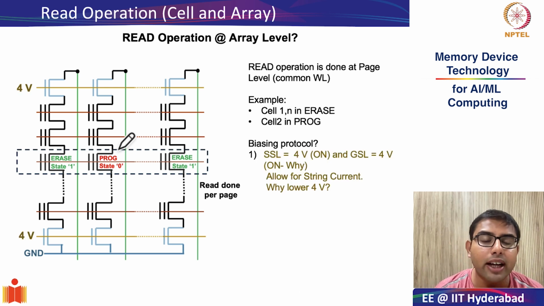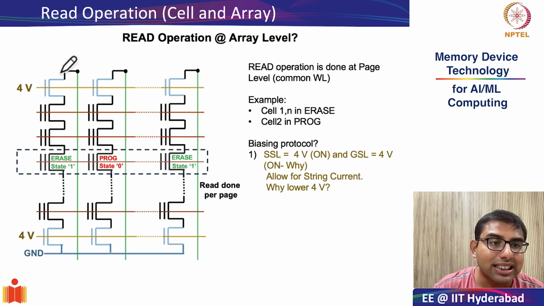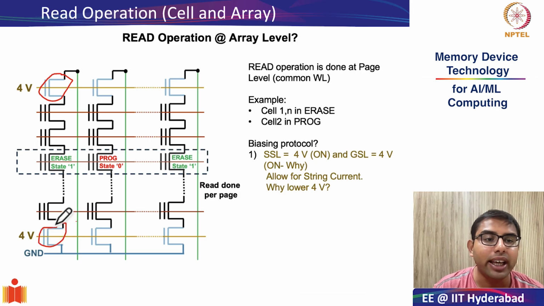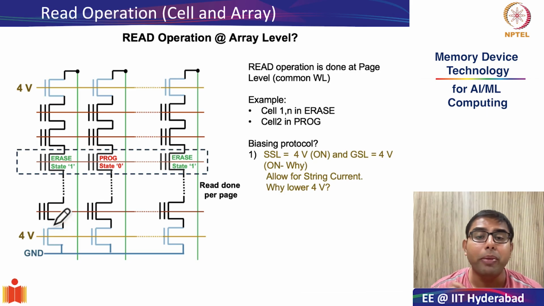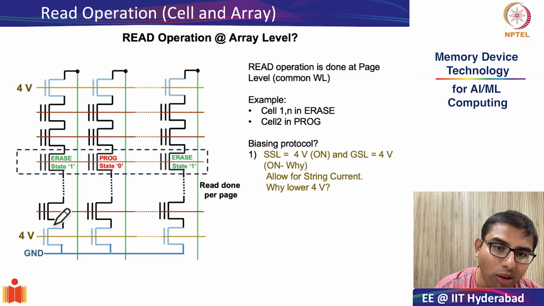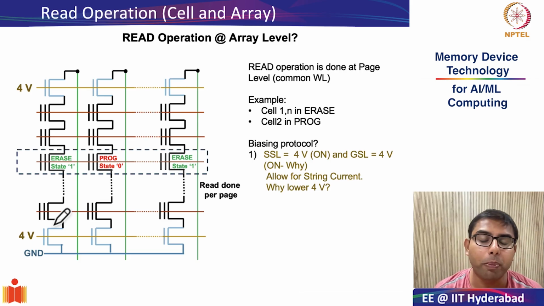So the first thing that you can understand is what would be the biasing of the transistors at the source select line and the ground select line. As we see, this is a major departure from what happened both at the erase operation and also at program operation.